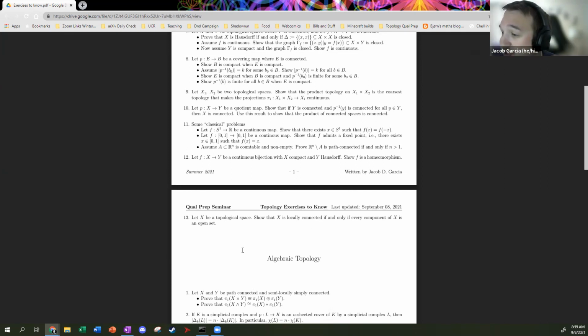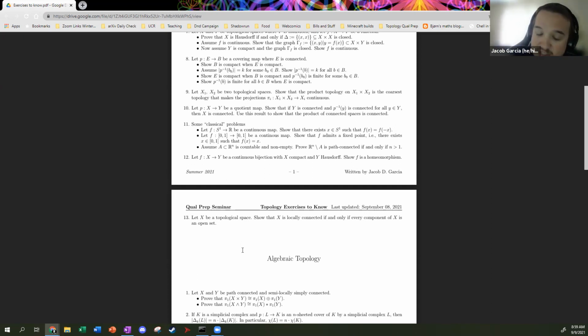The proof of this is actually pretty nice. If you're locally connected, then every point is contained in an open connected set, but connected sets have to be contained in components, right? So that open connected neighborhood is contained in the component, and that means that the component is an open set because I just found an open neighborhood between my point and the set that I wanted to show was open.